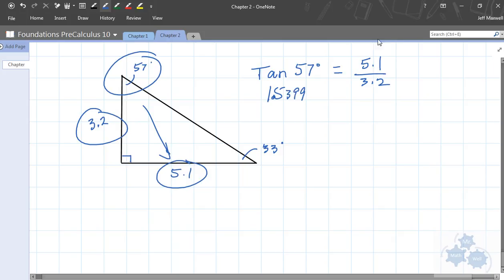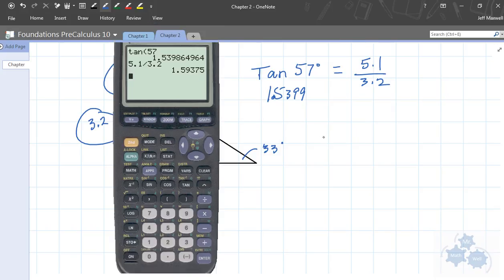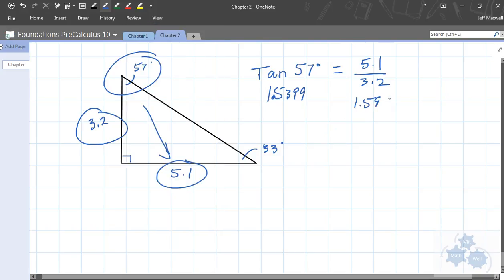And what is 5.1 divided by 3.2? Look at that, 1.59375. Now, these numbers should be pretty close.